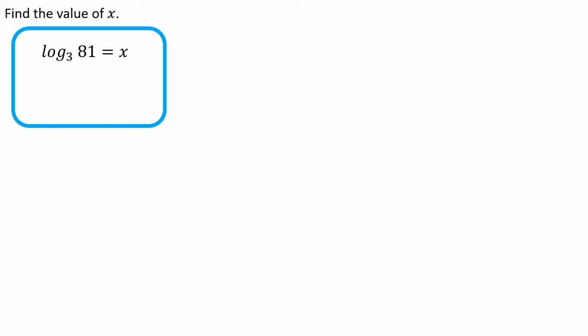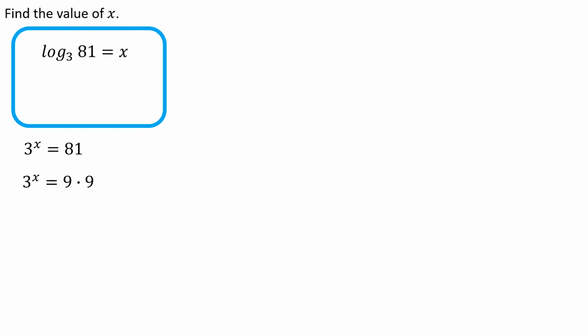So, what's going on here? Well, log base 3 tells me that the base is 3. The exponent is x, and I'm supposed to come up with 81 somehow. So 3 to some power has to make 81. Well, 81 is 9 times 9.